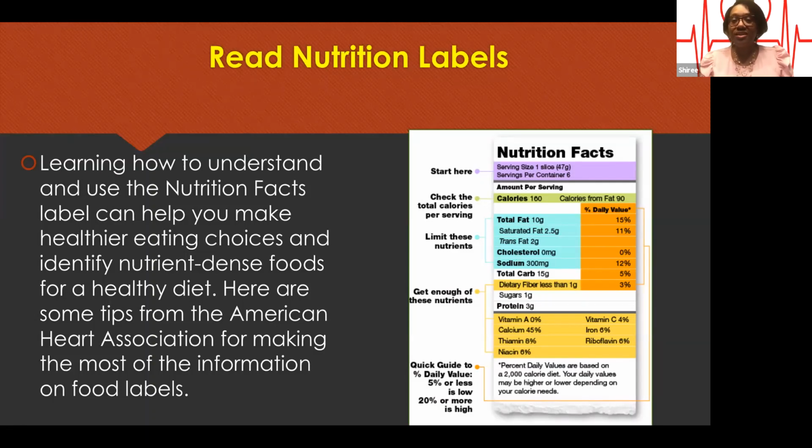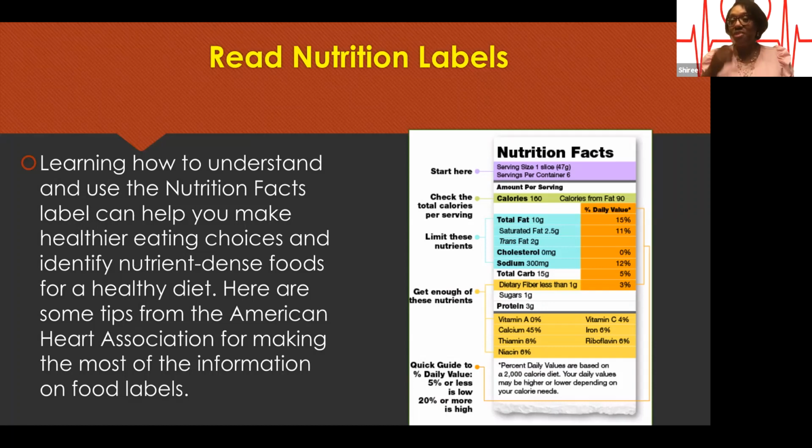In this example, all of the information included here is only for one slice. Let's just say that's one slice of cheese. The container contains 6 pieces of cheese, but it's giving you the information for one.